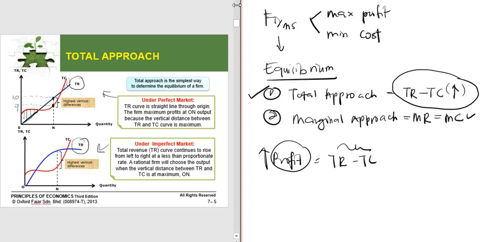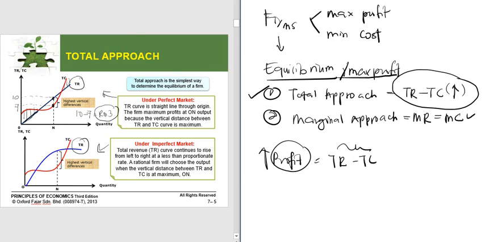So the gap here is 10 minus 7, which is RM3. So RM3 is the biggest profit that this firm can get. That is what we call the equilibrium level, or maximum profit. That is for a perfect market.